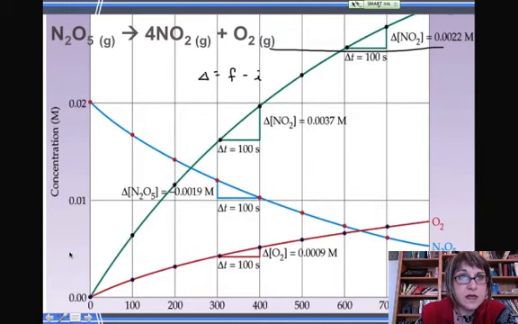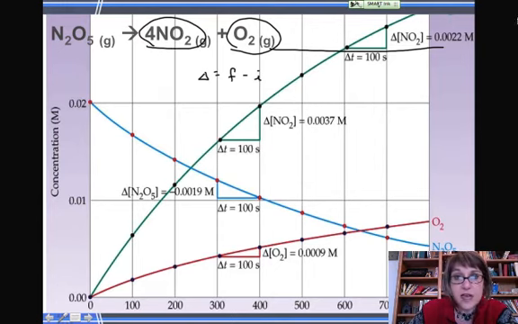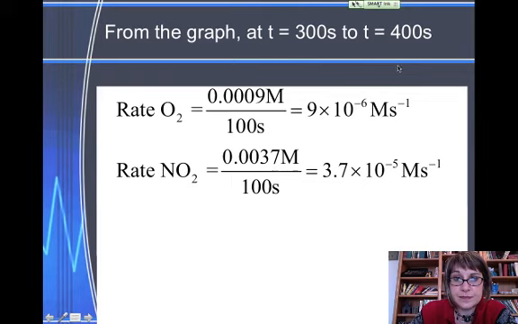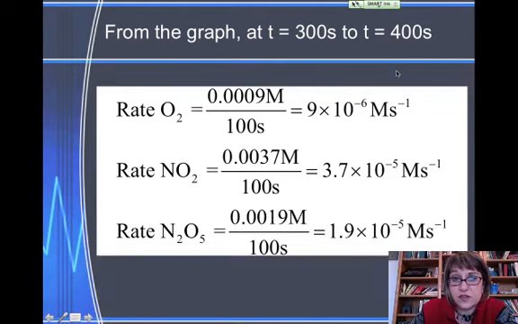For every 1 oxygen that is formed, we get 4 nitrogen dioxides forming, so the rate should be 4 times that of the oxygen. And it's pretty close, because 9 times 4 is 36, and we got 37. Why is it not exact? Because it's not an average, it's just the one shot.